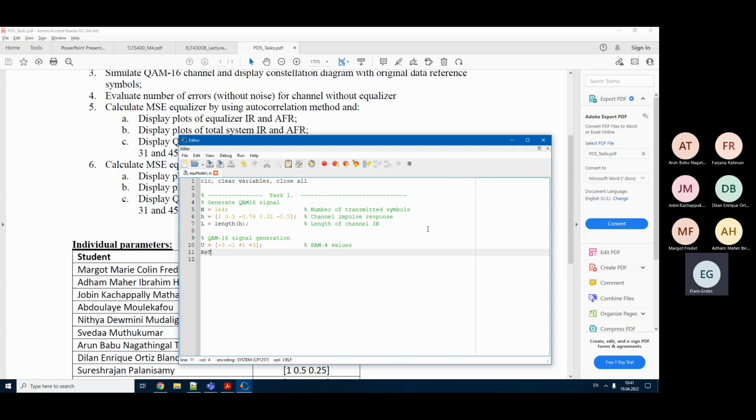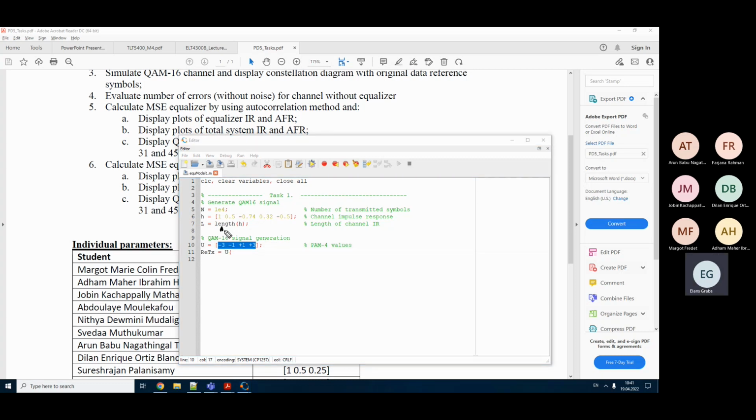So let us then find the real part. That would be the real transmitted part as random integers. So u, which is this array consisting of 4 numbers, and then we are going to generate a simple random number from 1 to 4. Randomly, we'll choose one of these four values, and we will repeat so for 10,000 times.